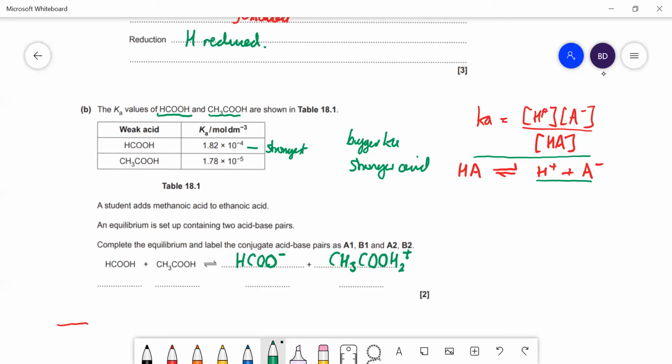Okay, and label the acid conjugate base pairs. So this one is an acid, we'll call that acid 1. And its conjugate base is the methanoate ion here, that's base 1. Here, the ethanoic acid is behaving as a base, so let's call that base 2. And if the reaction went backwards, it'd be this species here, which would be acting as the acid, so that's acid 2.